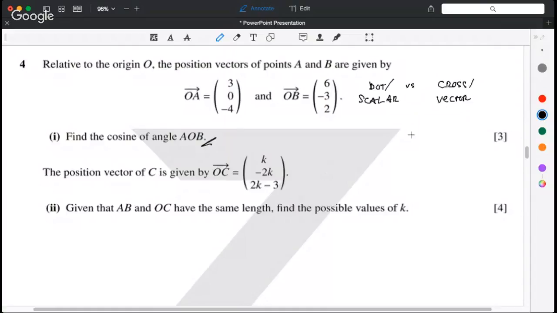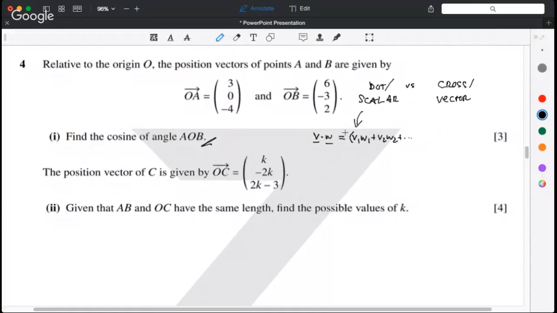It doesn't make sense. So the dot product looks like this, v dot w, and you have two ways of defining it. You can talk about it in terms of the components, so v1 w1 plus v2 w2 plus and so on, whatever the dimension of your vectors is.